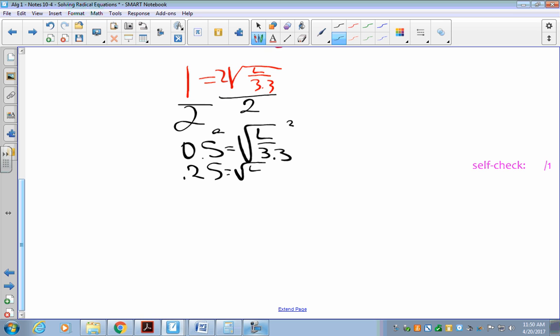But the square root is away. Beautiful. Cole, your times and everything by 3.3.